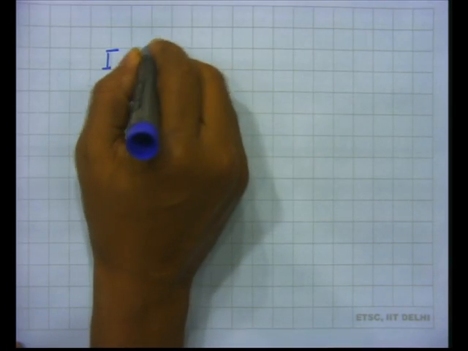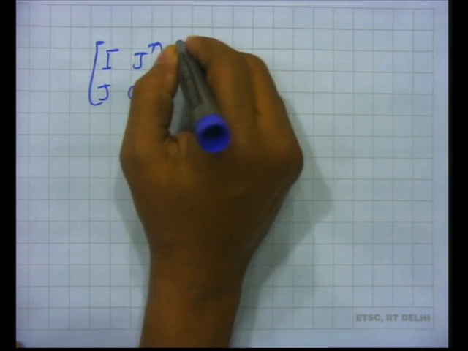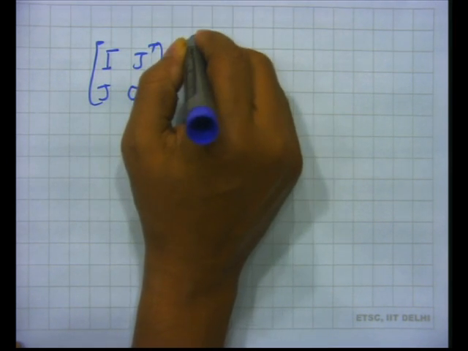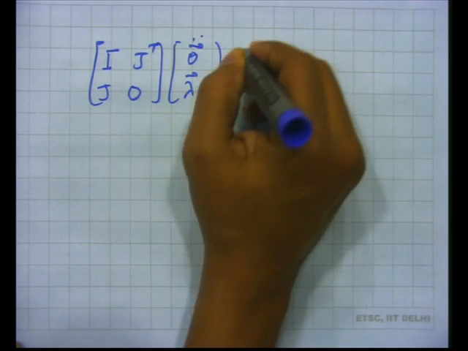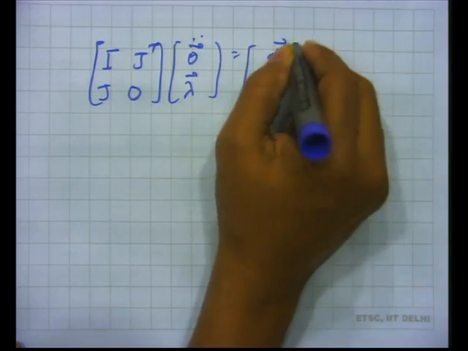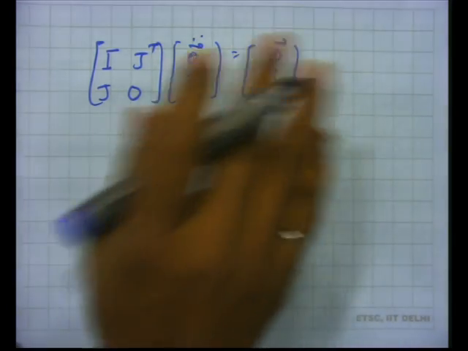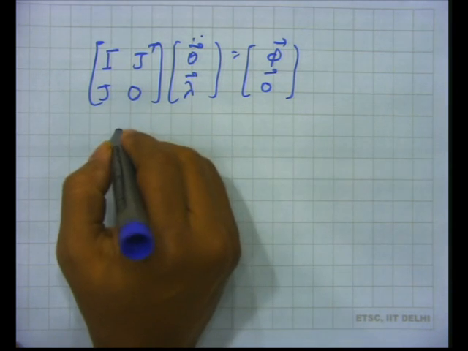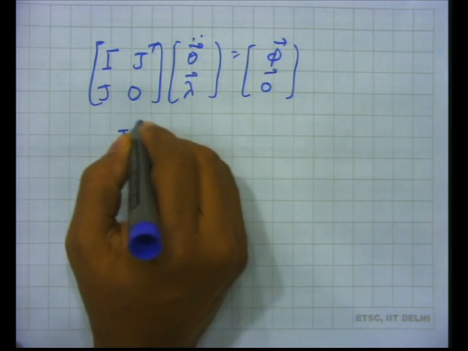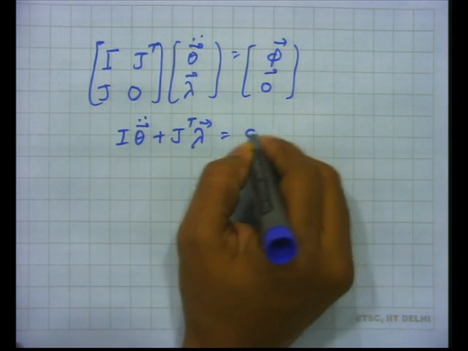So, I have the matrix [I, J transpose; J, 0] multiplying [theta double dot, lambda], equal to [phi, 0]. Phi contains the velocity terms, external torques, etc. All are hidden inside. So now I write I theta double dot plus J transpose lambda is equal to phi.